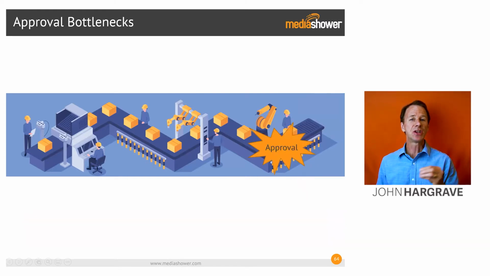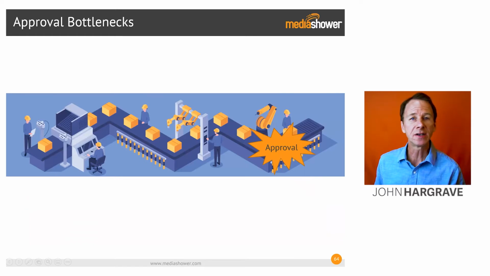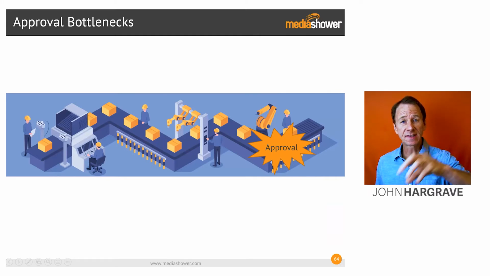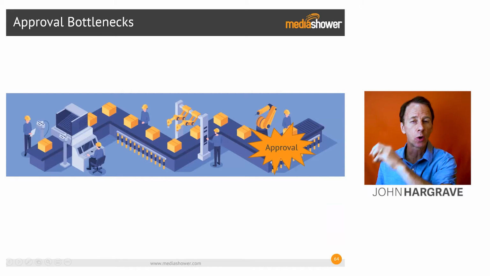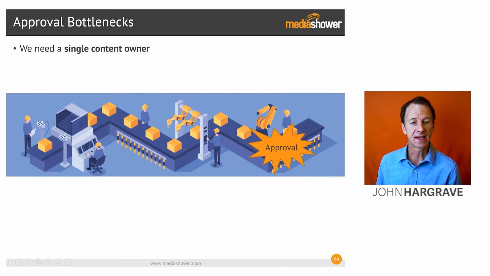So that's publishing bottlenecks. The other part of the process is approval bottlenecks. So this is typically where we have produced the piece, but there is some kind of holdup in actually getting it into the publishing or production process. And for this, we need a single content owner.